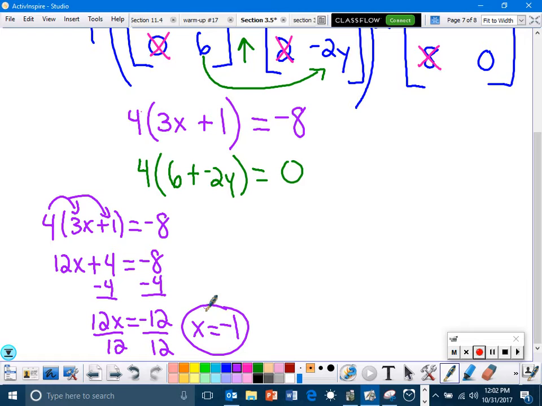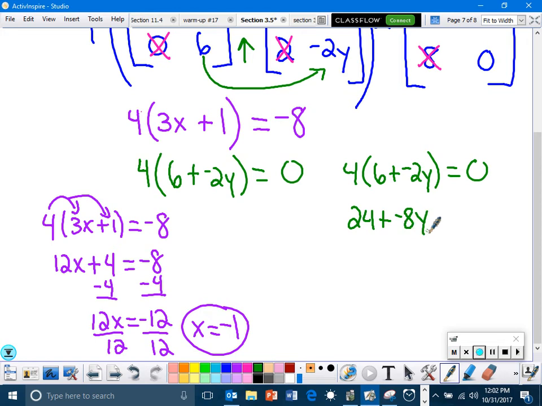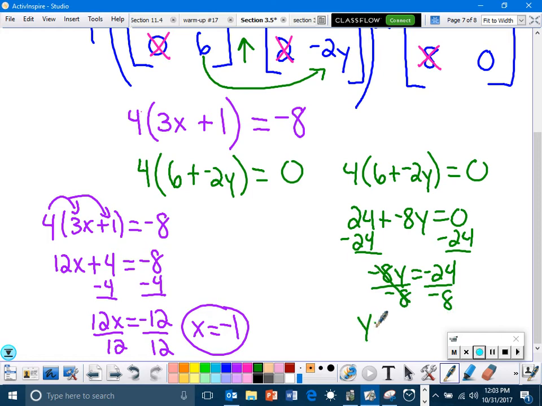X is -1. Okay, now the other one. Okay, so the other one is y equals +3.